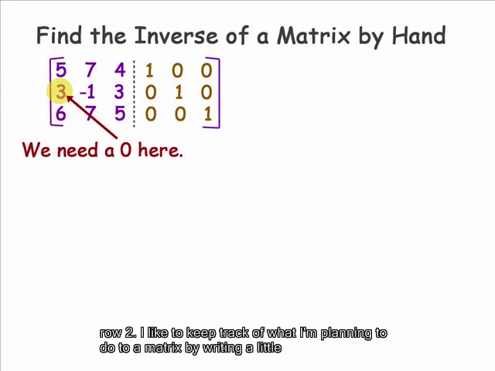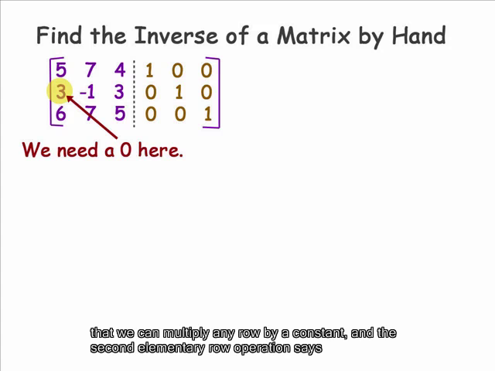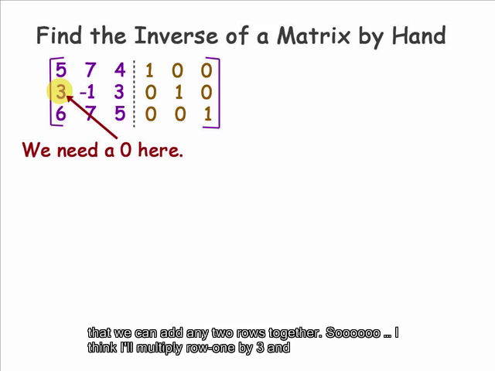I like to keep track of what I'm planning to do to a matrix by writing a little note to myself alongside of the matrix. Now, the first elementary row operation says that we can multiply any row by a constant, and the second elementary row operation says that we can add any two rows together.